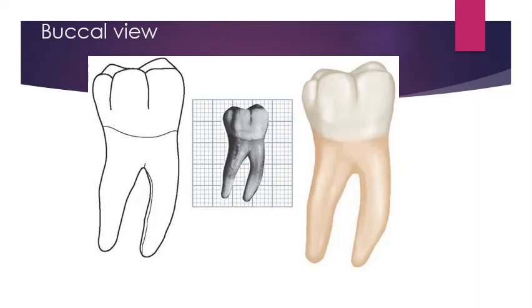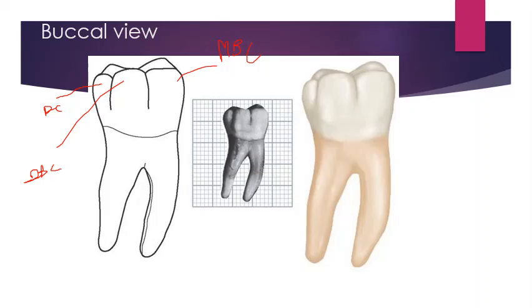We can see that it has 5 cusps and 2 roots, which are visible from this buccal view. The 5 cusps are the mesiobuccal cusp, the distobuccal cusp, and the distal cusp.